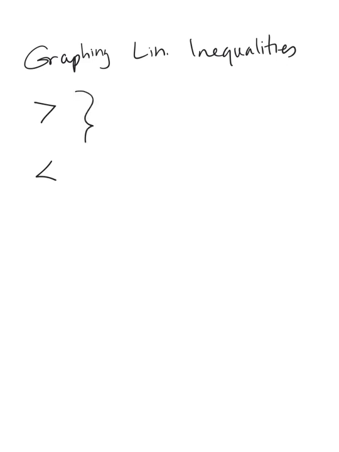For graphing linear inequalities, let's review a few things. If we have greater than or less than, it is a dotted line.